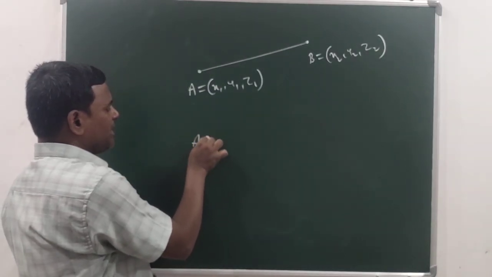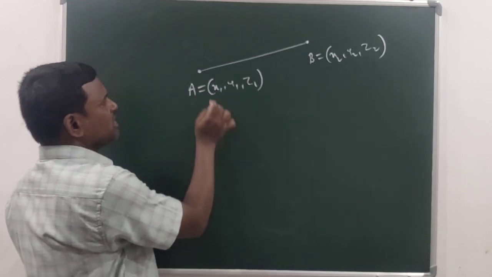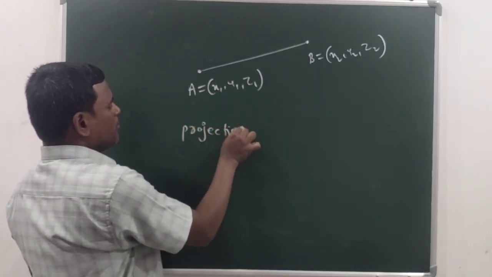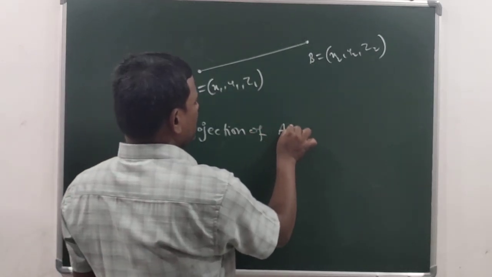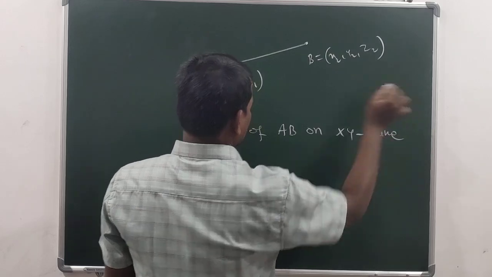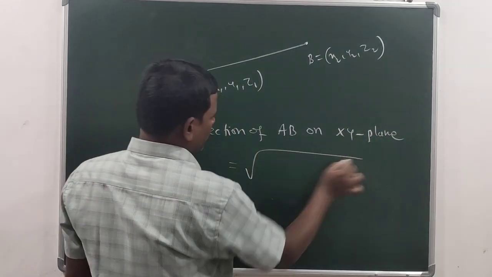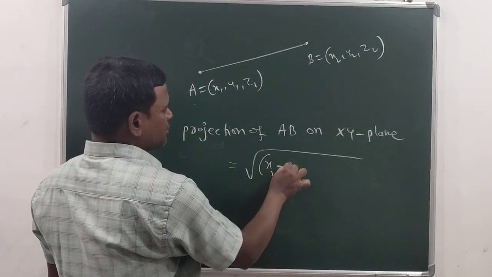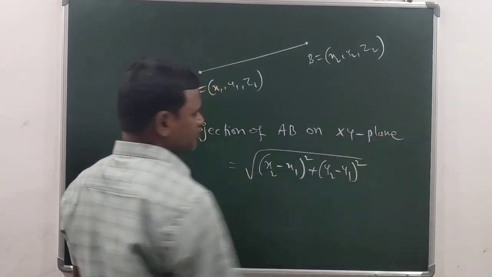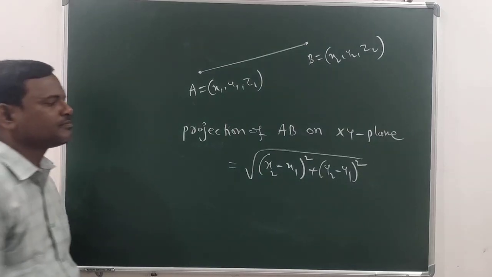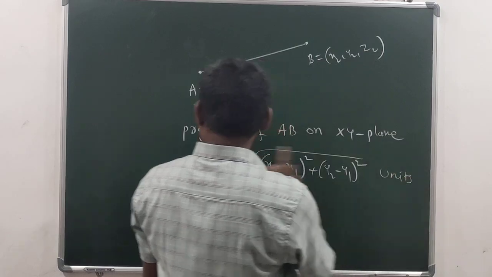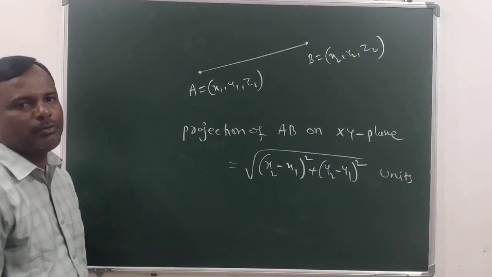So remember, like a standard result, students, the projection of AB on xy plane is equal to the square root of x2 minus x1 whole square plus y2 minus y1 whole square units, because it is a length. This is the projection of AB on xy plane.